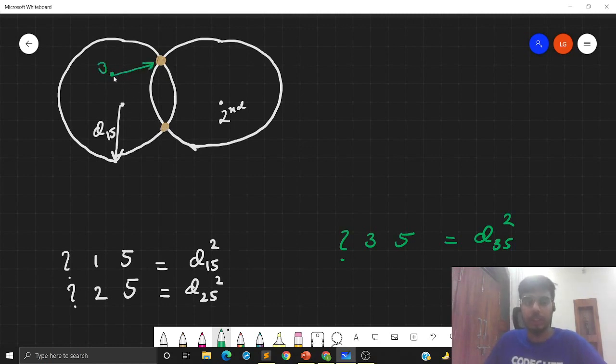I can calculate the distance of both the possible points from the third point, and then I should be able to decide which of these 2 points is my fifth point.